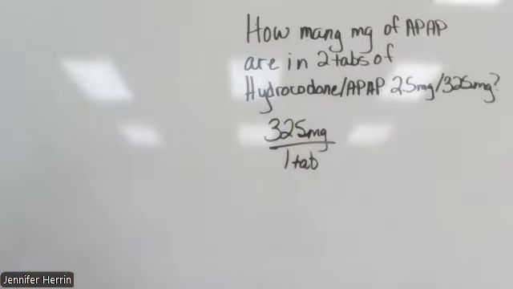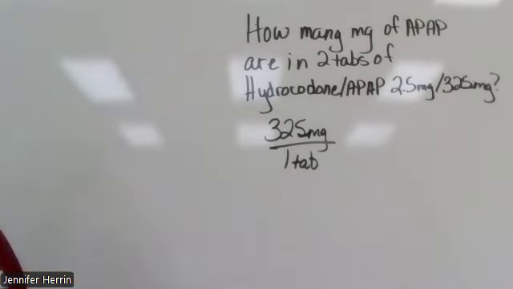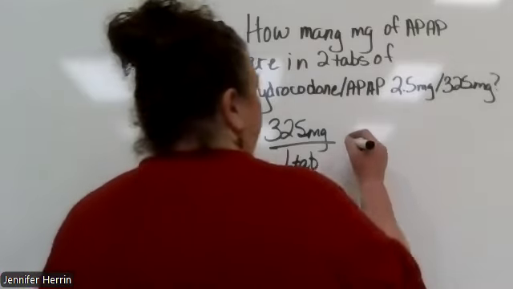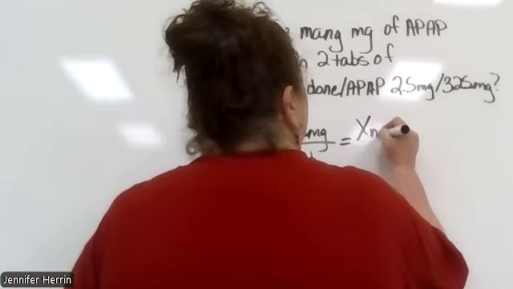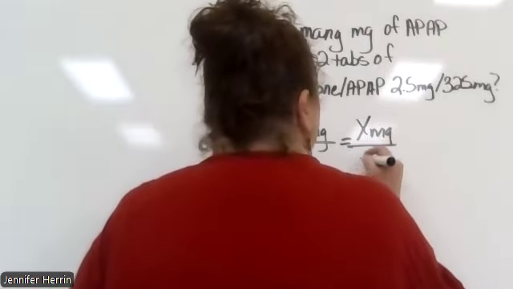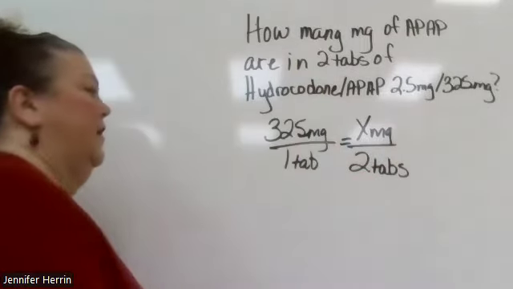Now, there's a couple of ways we could do this one. I'm going to go ahead and set it up with a ratio and proportion first, and then I'll show you the shortcut. So we could set this equal to how many milligrams in 2 tabs, right?